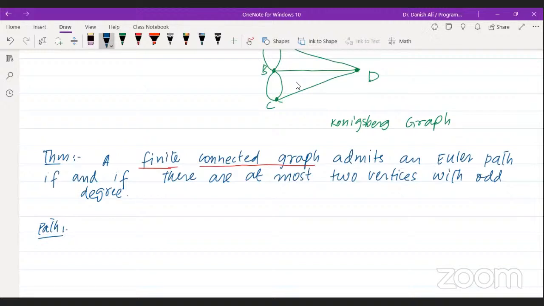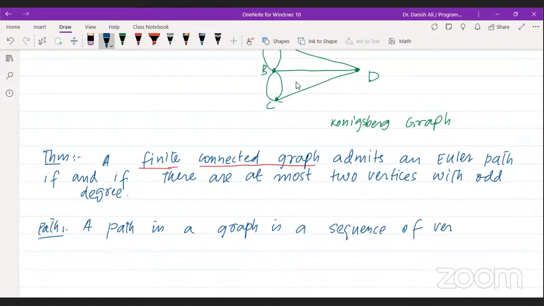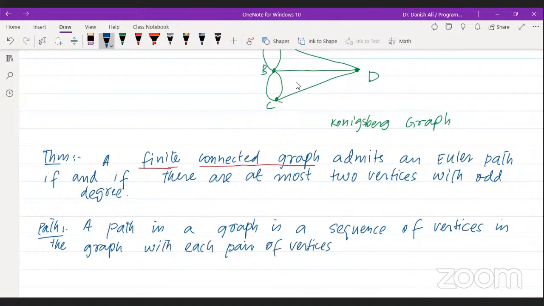A path in a graph is a sequence of vertices in the graph with each pair of vertices connected by an edge.